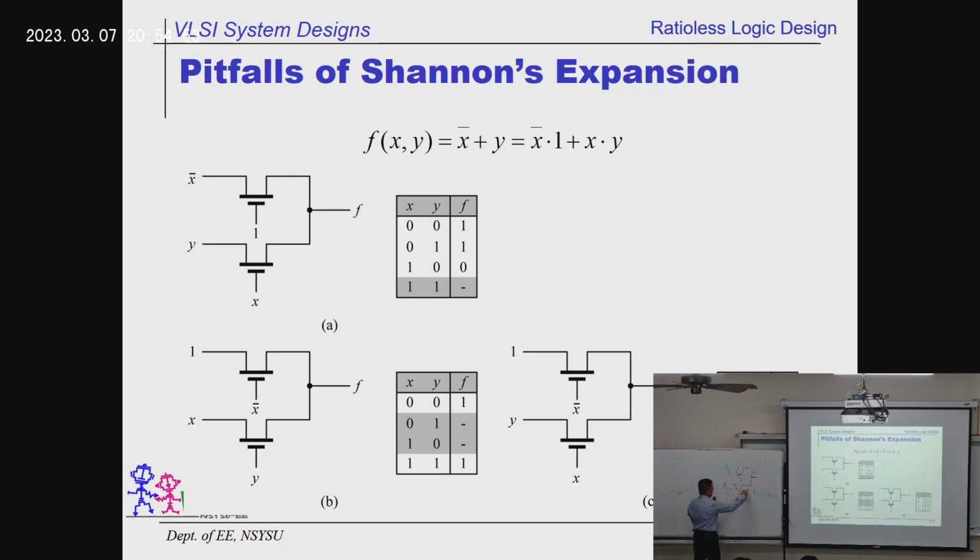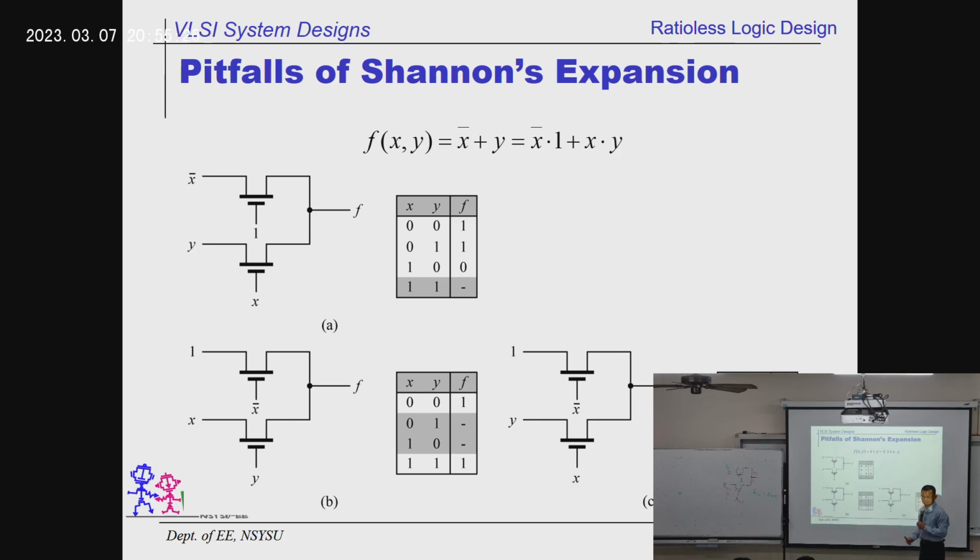You have a 1 coming over here, 1 here. You have a 0 from the top. You have a 1 from the bottom. Then you have something you don't know in between. That's bad. See, this is Y over here. You have a 1, 1 over here. Then you have unknown. So why does that happen? Because you use X as a control and the input simultaneously.